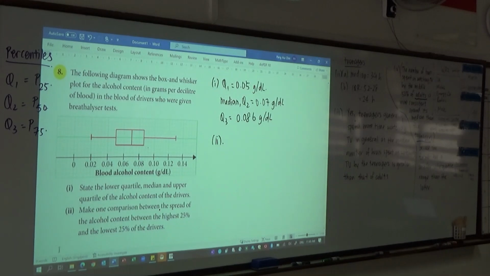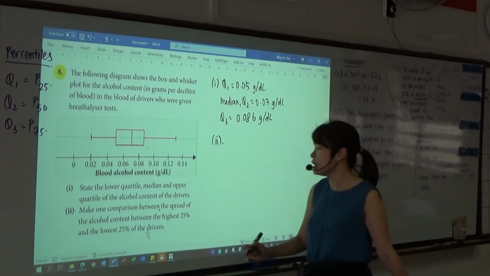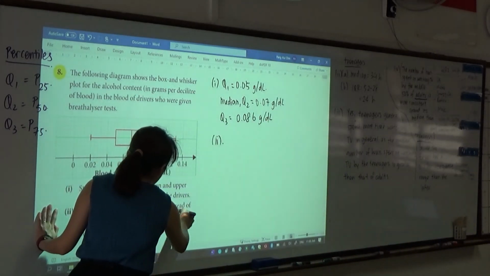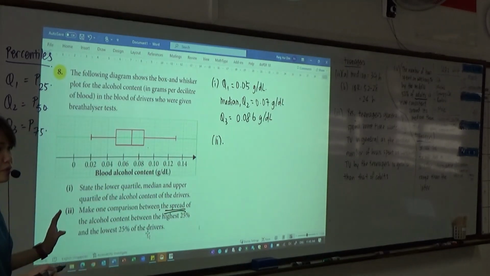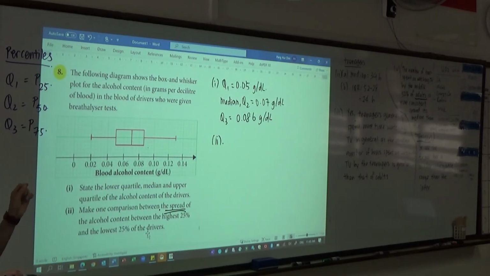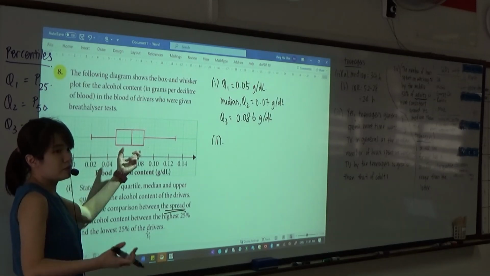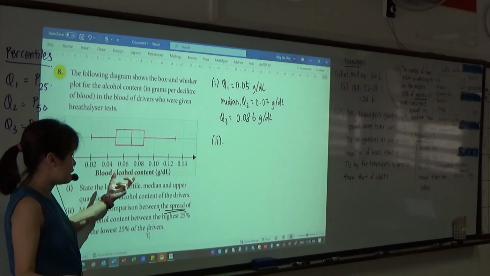Okay, it says make one comparison between the spread of the alcohol content between the highest 25% of the drivers and then also the lowest 25% of the drivers. So the question specifically asks you to talk about the spread, okay? And you cannot always intuitively think that spread means compare IQR, okay, or your interquartile range. Because in this case, interquartile range, there's only one value. There is no other value for you to talk about, okay?